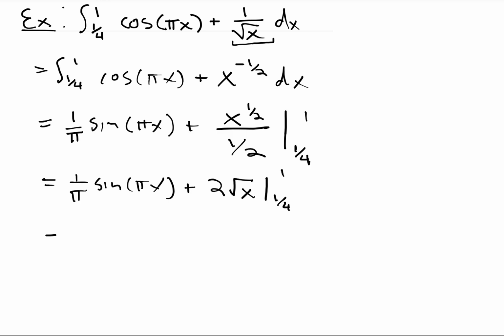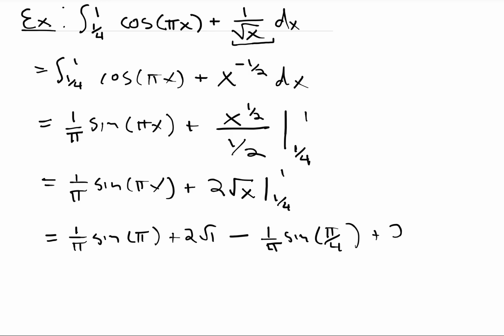The top value always goes in first, so the upper value always goes in first. This means I've got 1 over pi times sine of pi plus 2 times root 1. And then I have to subtract off what happens when I plug in the bottom. This will be 1 over pi times sine of pi over 4 plus 2 times root 1 over 4.